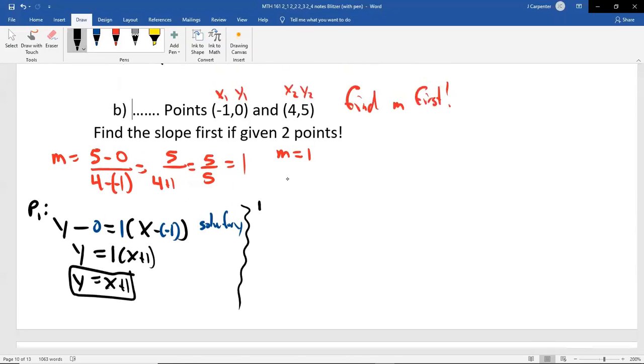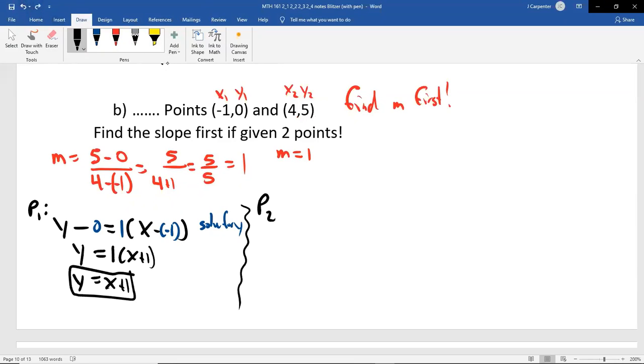All right, well, what if you instead chose to use the second point? What if you instead chose to use what we called x2, y2? In the formula, it doesn't matter that the formula has 1s and you're using 2s. You can just rename these. Call this x1 and this y1, and call this one over here x2 and y2. The choice of 1s and 2s is arbitrary. It's up to you as long as they're paired together.